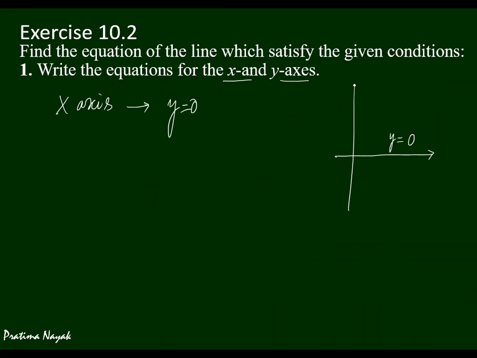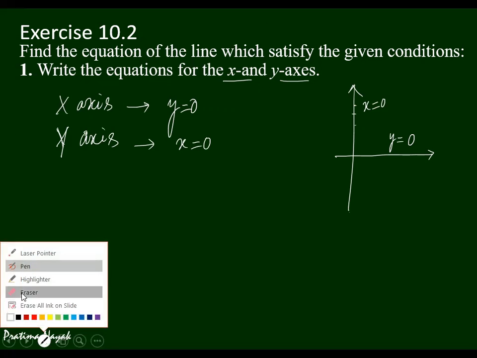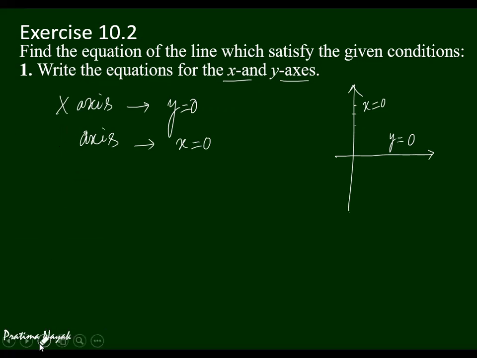And for the y-axis, on this x is always 0. So the y-axis means x is equal to 0. So x is equal to 0 represents the y-axis, and y is equal to 0 represents the x-axis.